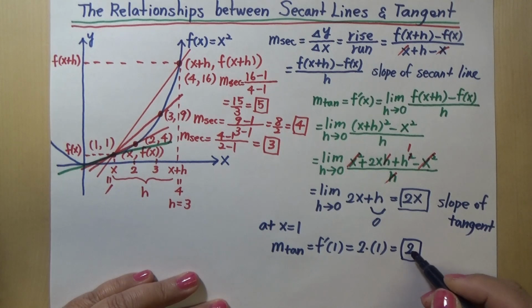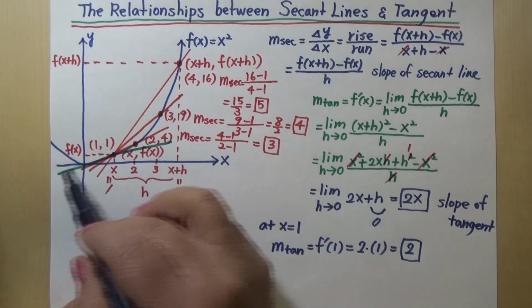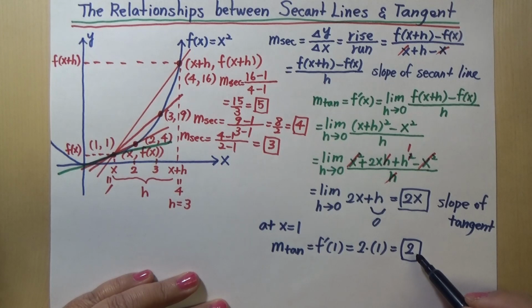This 2 is the actual number for the slope of this tangent. So the slope of this tangent is 2.